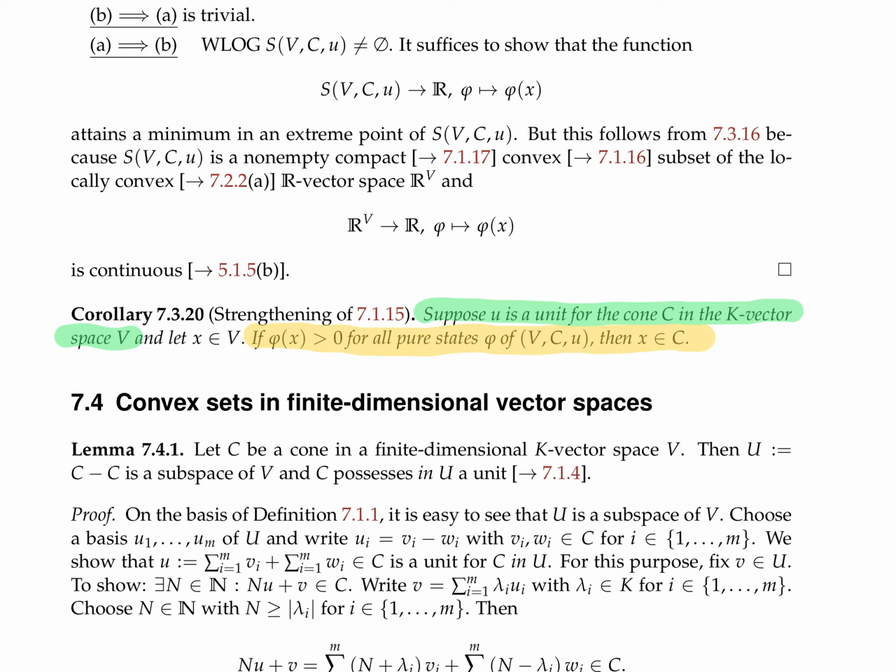We need a unit, and then we will speak about these pure states. And sometimes actually these will be ring homomorphisms, right? Sometimes. And so we get back, for example, the Archimedean Positivstellensatz, we will be able to get it back from here by taking for the unit 1, right? The constant 1 polynomial, for example. Okay.